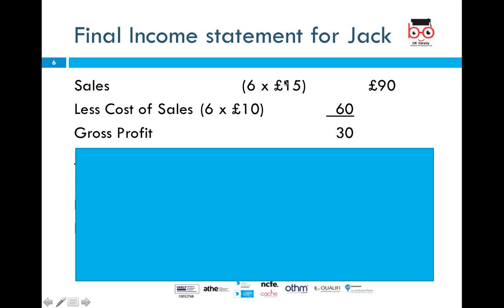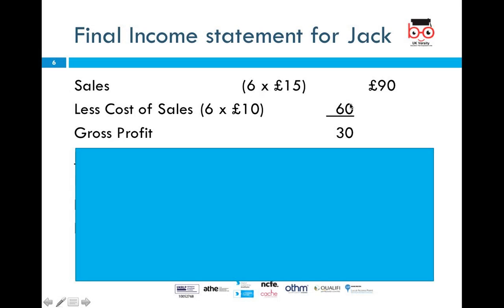Sales are £15 each for 6 sweaters, that's £90, 6 times 15, and then we deduct the cost of sales, because Jack bought each sweater at £10, that's £60, and this is the gross profit.